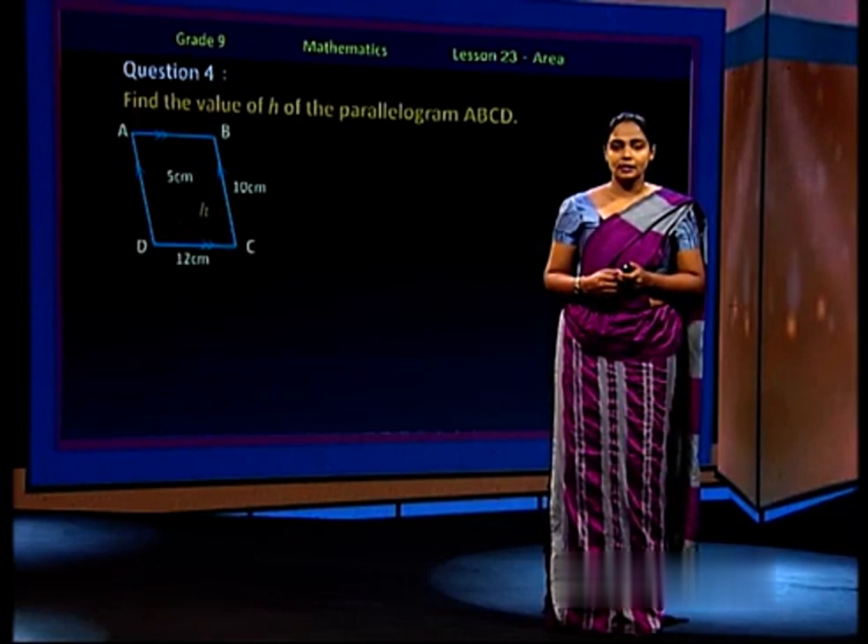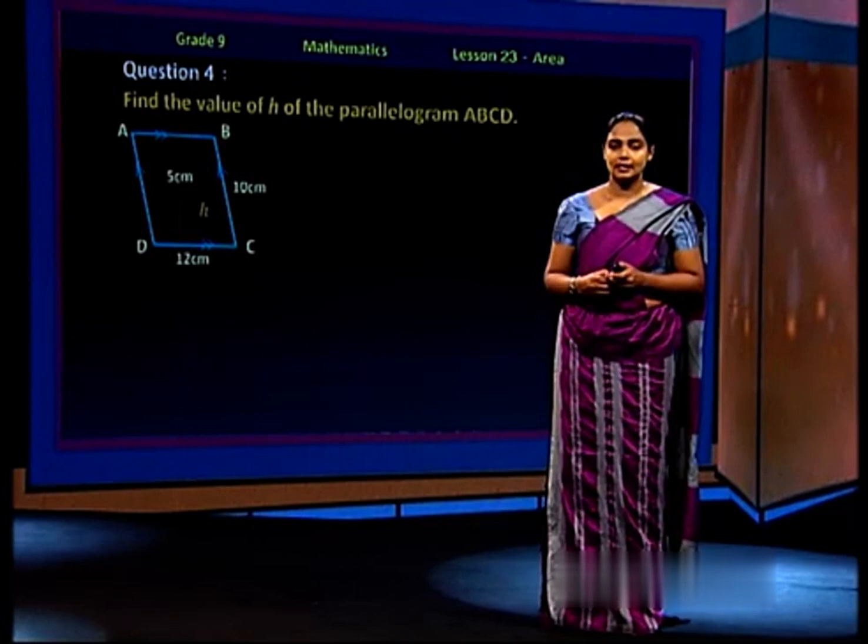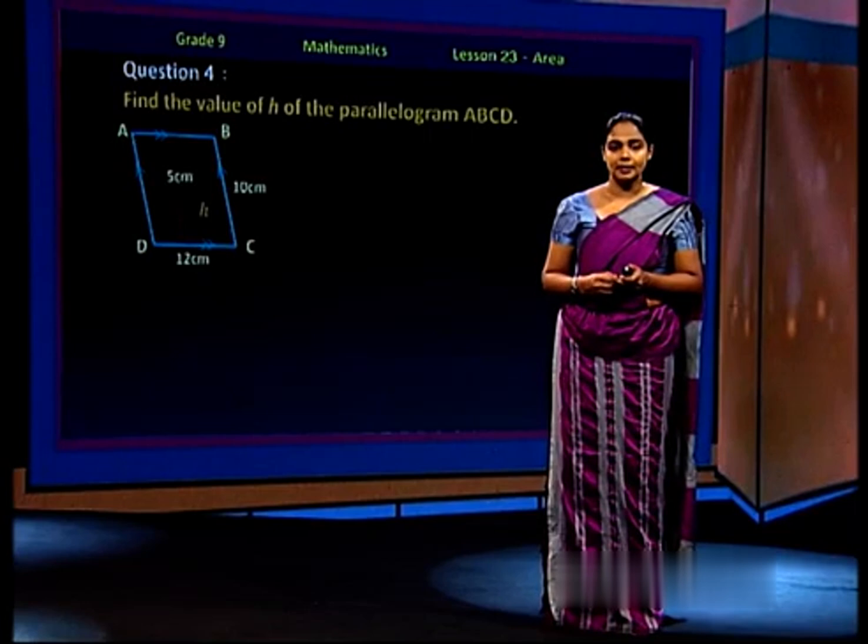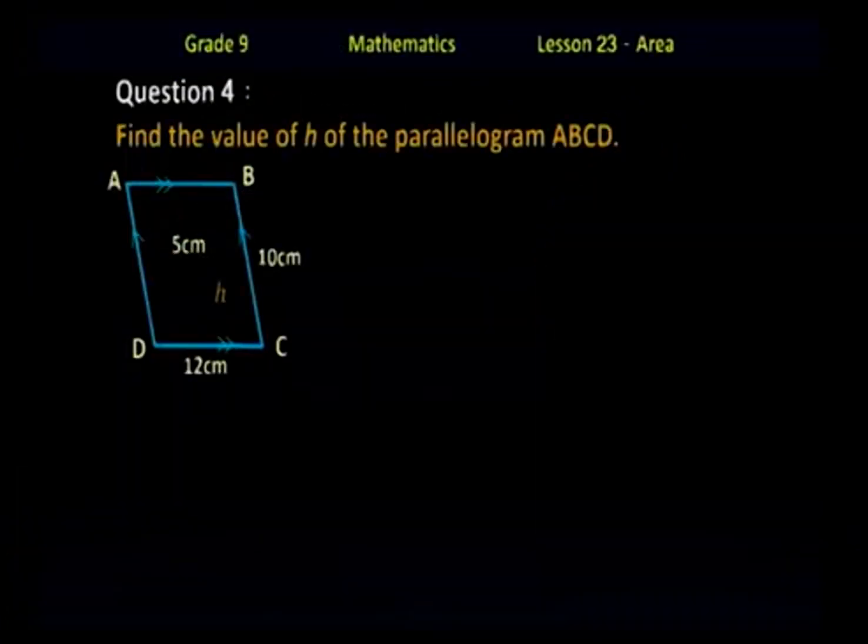There are values of two sides. Then you have two bases. And there is a perpendicular height of 5 centimeter and the other perpendicular height is unknown. You should find out it. Then can't you find out the area of this parallelogram first?